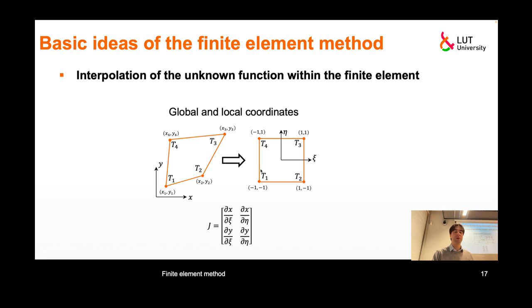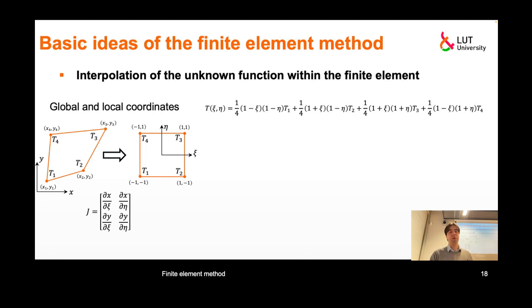So I will be using this set of local coordinates to describe what's happening inside my element. It doesn't mean that I'm only dealing with rectangular elements, because knowing these transition rules I can do this with elements of any shape. And it's not so complicated to incorporate that into your code. In our example, we will be dealing with rectangular elements for simplicity, but in general it's not a big problem.